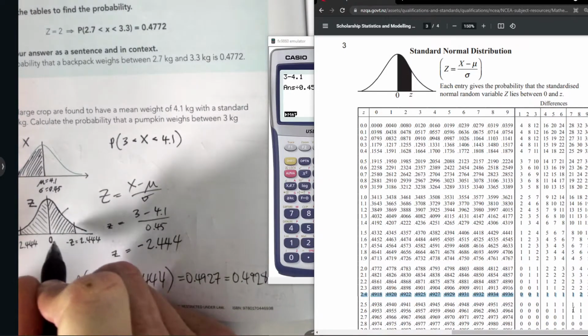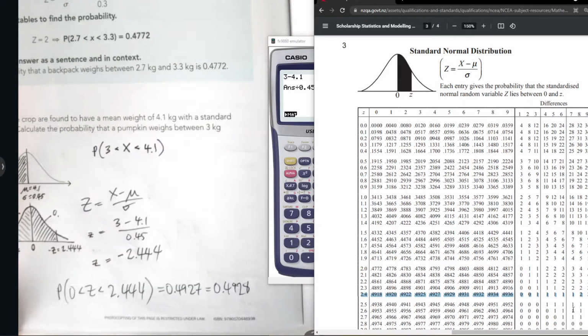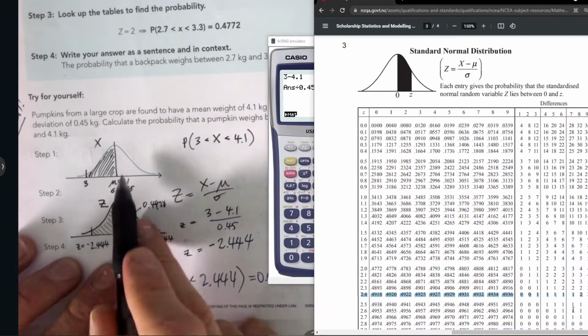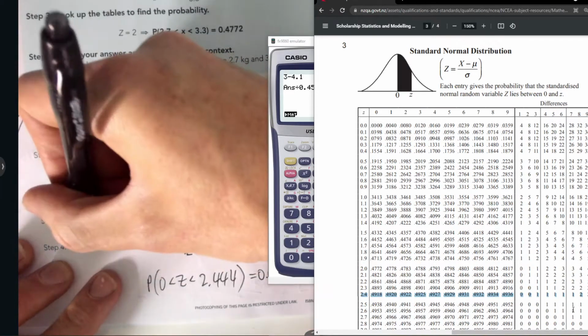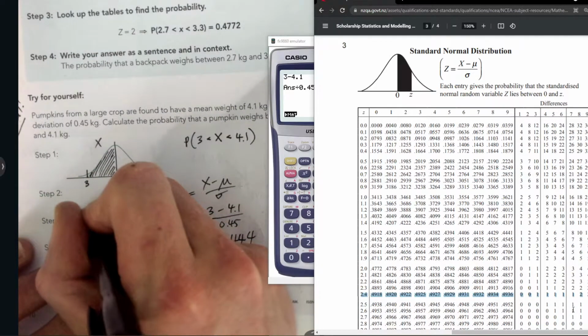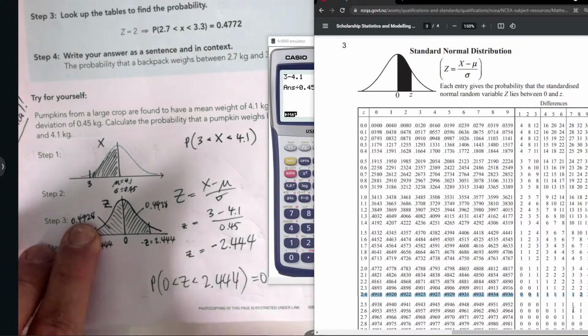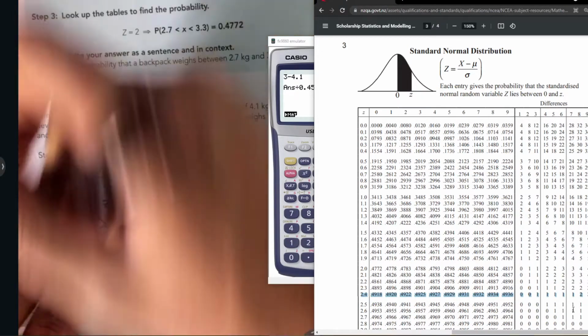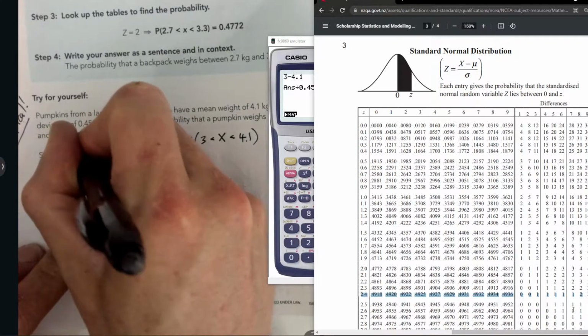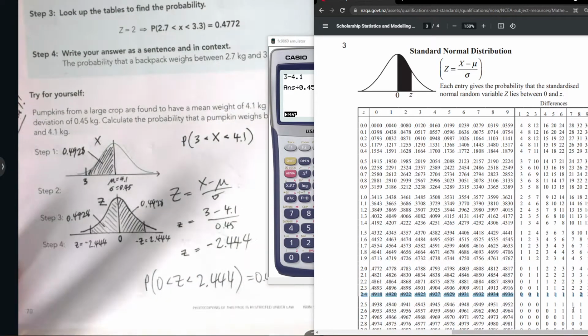Now, let's go back and use some logic. So we found this one, 0.4928, and we know that that's a mirror image of what happens over here. So we can go over here and write 0.4928. That means we now know this probability here is 0.4928.